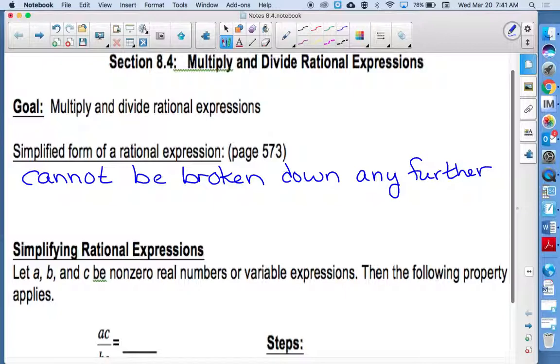When we're talking about rational expressions, that means our numerator and the denominator have no common factors.